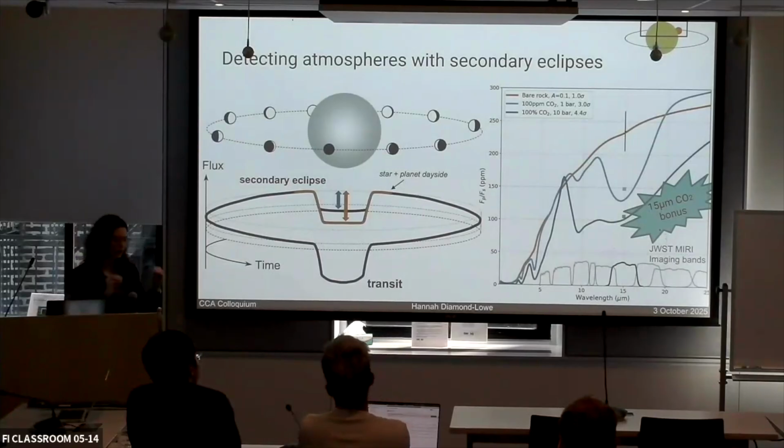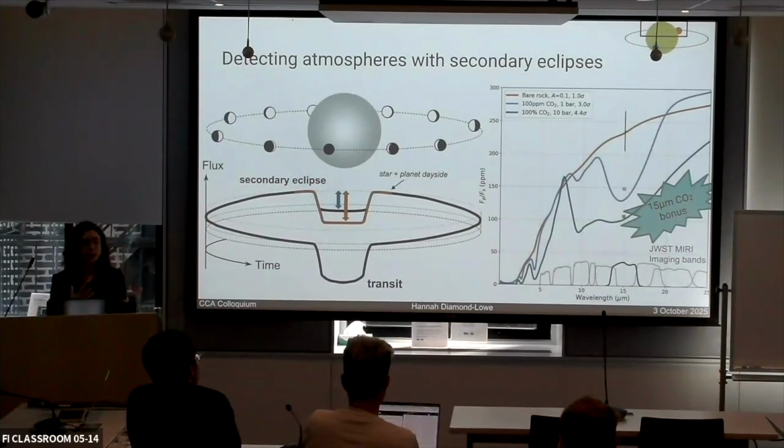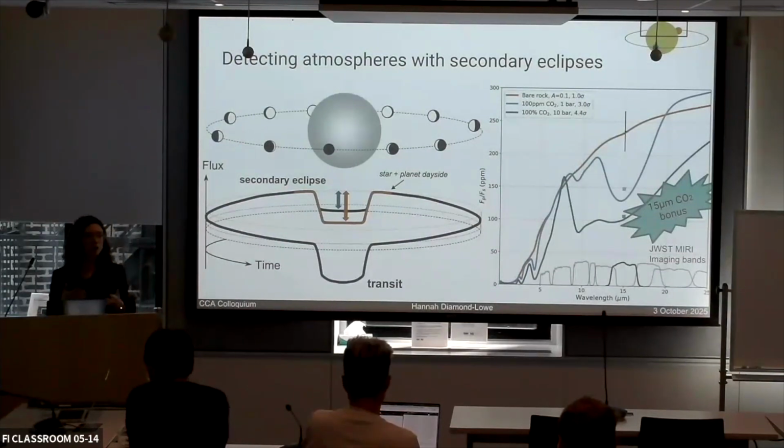I say it's well measured, and that's important because there are some issues with line lists looking at molecules at the kind of hotter temperatures that a lot of these planets are at. But Venus is extremely rich in CO2. We have measured this in Venus extremely precisely. We also have this feature in Earth. Earth has CO2, not as much, getting more, but we can measure it as well.